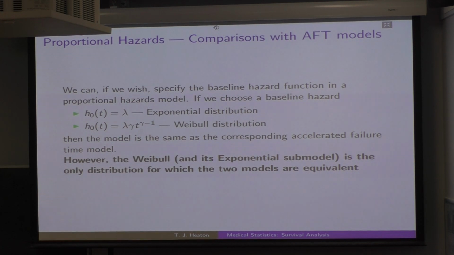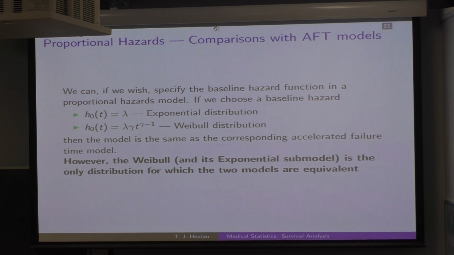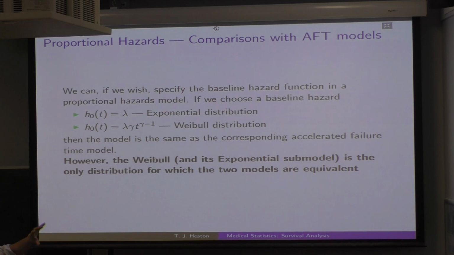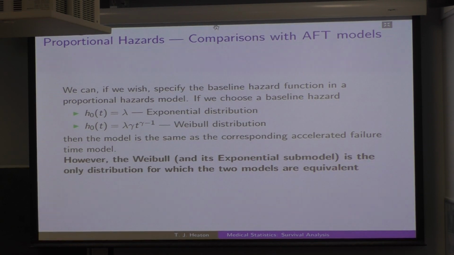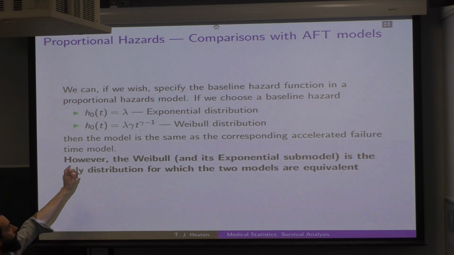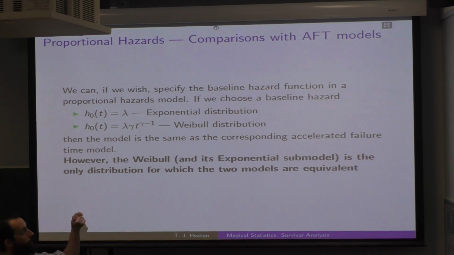It's different with an accelerated failure time model because, as I said, you don't have to specify the baseline distribution at all. You don't have to specify the hazard. If you want to, you can specify the baseline hazard function. If you choose a baseline hazard which corresponds to either an exponential or a Weibull, then the model that you get is exactly the same as the accelerated failure time model.